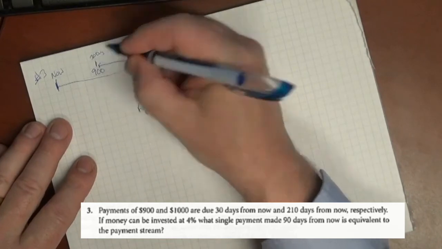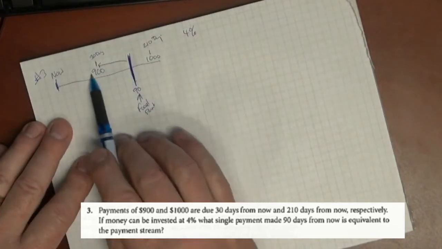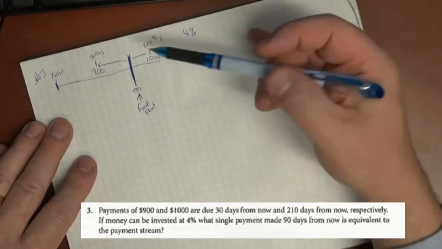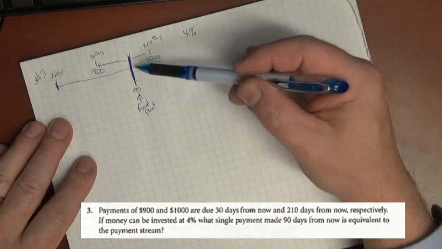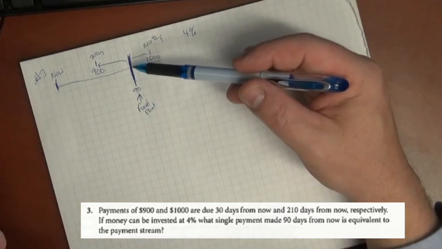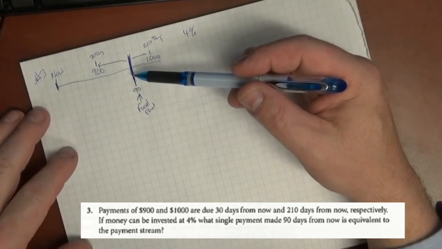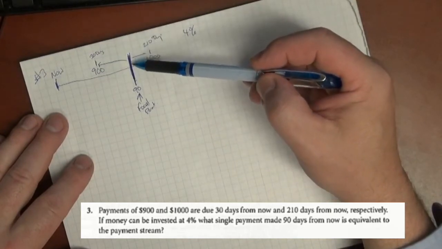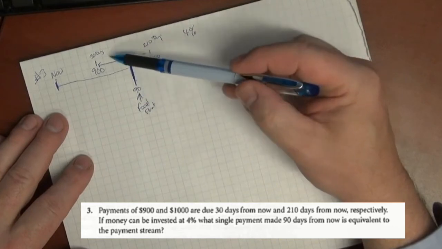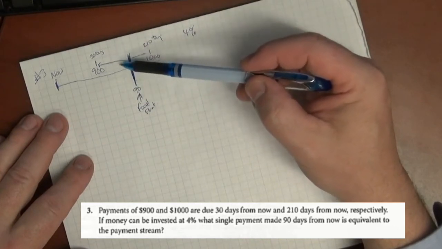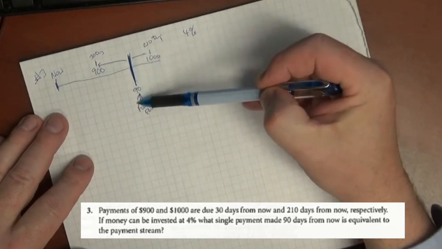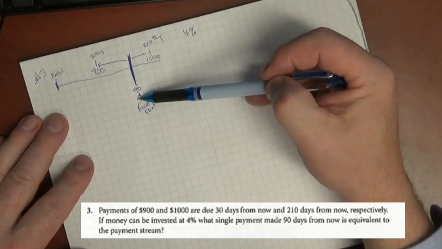We're looking back in time for the first payment, and looking ahead in time for the second payment, because the focal point falls between them. What will the $900 be worth on day 90? It will be worth more, so we should get a higher number. So we're looking for the future value of 900 at the focal point.